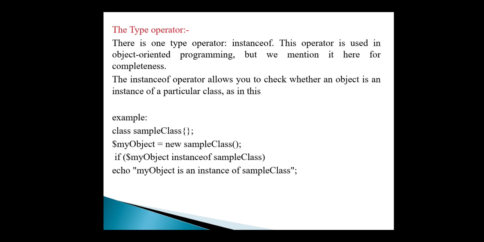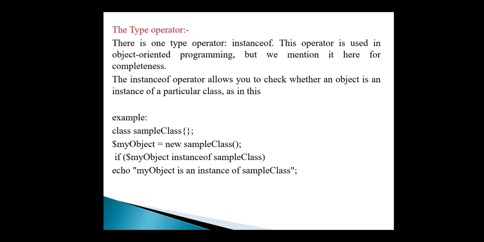Okay, next one is the type operator. There is one type operator, instanceof. This operator is used in object oriented programming, but we mention it here for completeness. The instanceof operator allows you to check whether an object is an instance of a particular class. For example, class SampleClass, then $myObject equals new SampleClass.